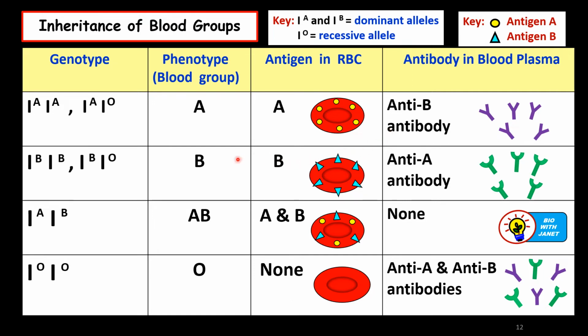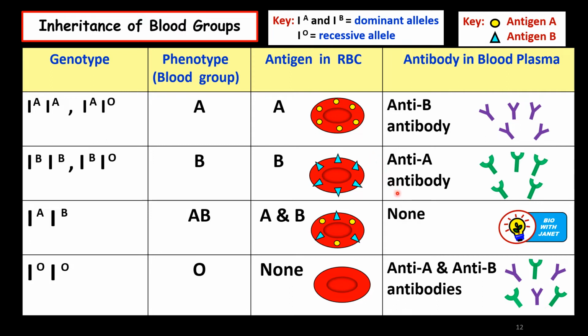Whereas a person with blood group B has antigen B in his red blood cells, but his antibody is anti-A antibody that can react with the antigen A in the blood of a person with blood group A, right? So these two blood groups cannot mix, right?